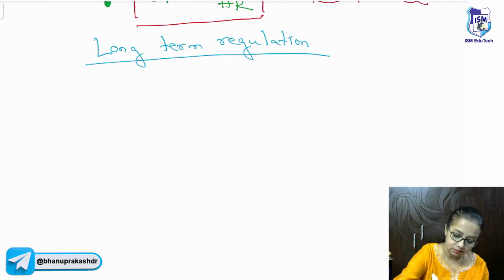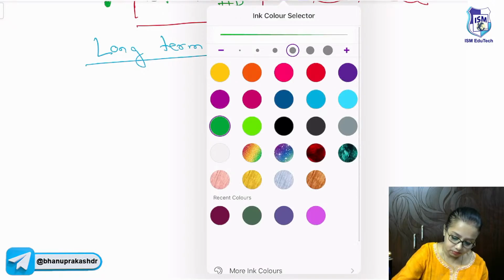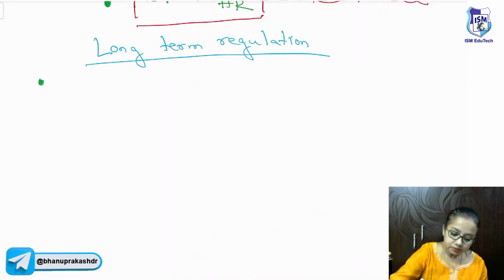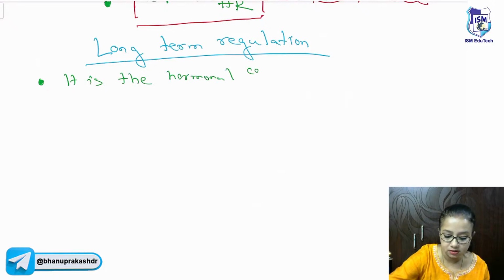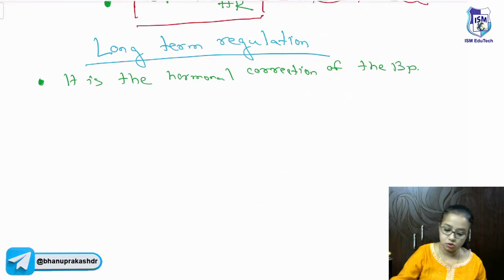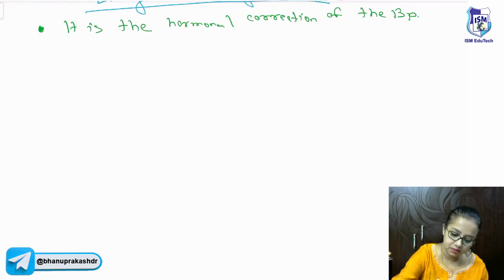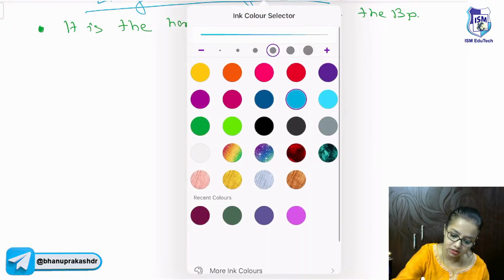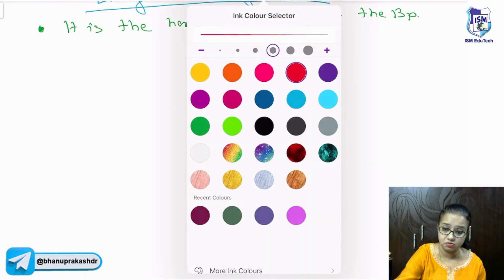So, it is the hormonal correction of the blood pressure. So, what happens? We know there are these stretch receptors present. Where they are present, we know.